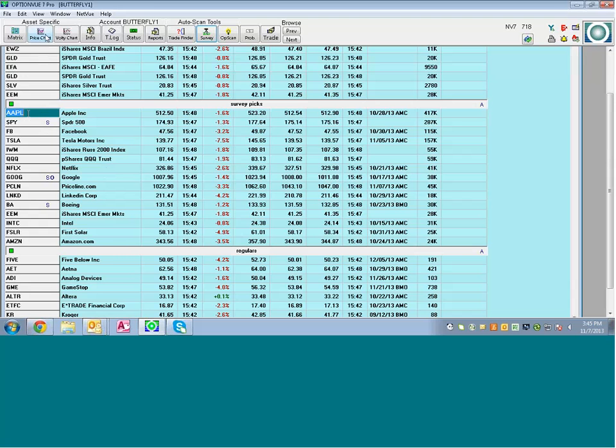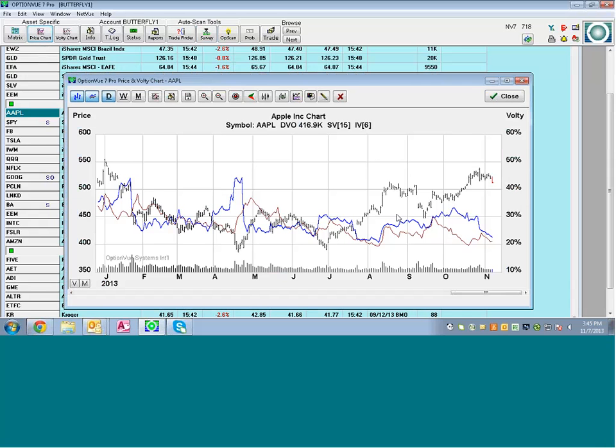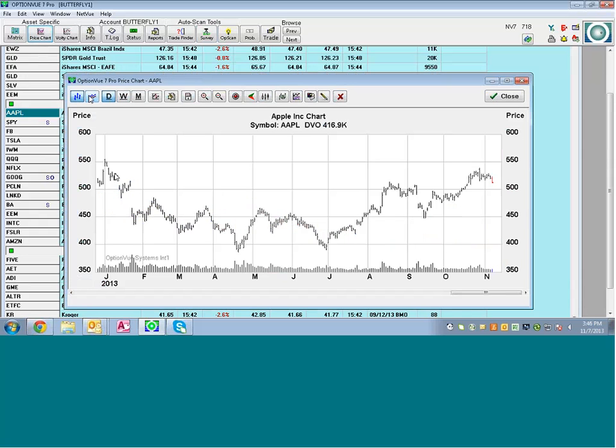So we'll highlight Apple, hit the price chart button, and bring up a price chart. We've got a lot of buttons here that have to do with price. I'm going to declutter a little by getting rid of the volatility chart, which we can talk about later.